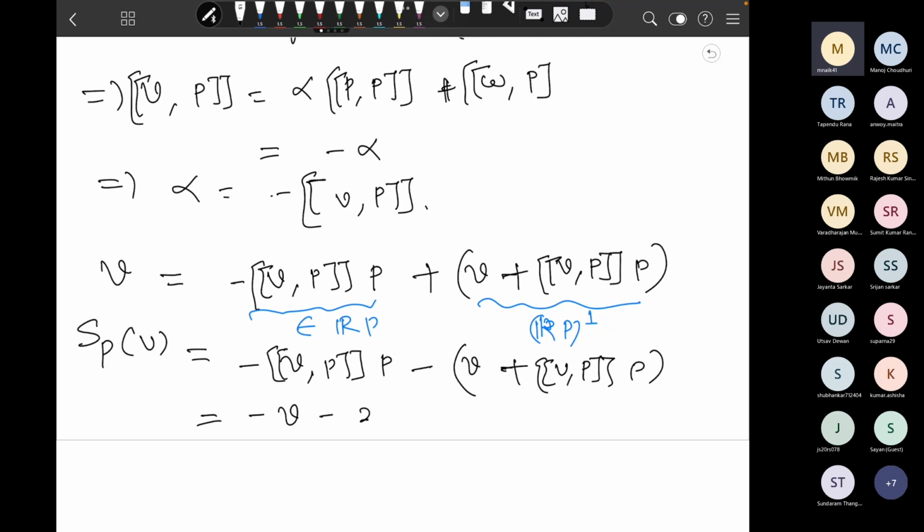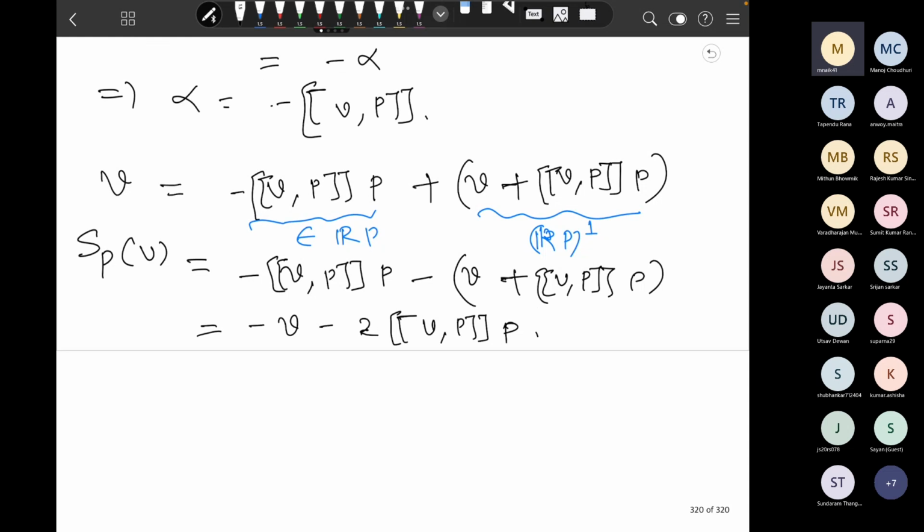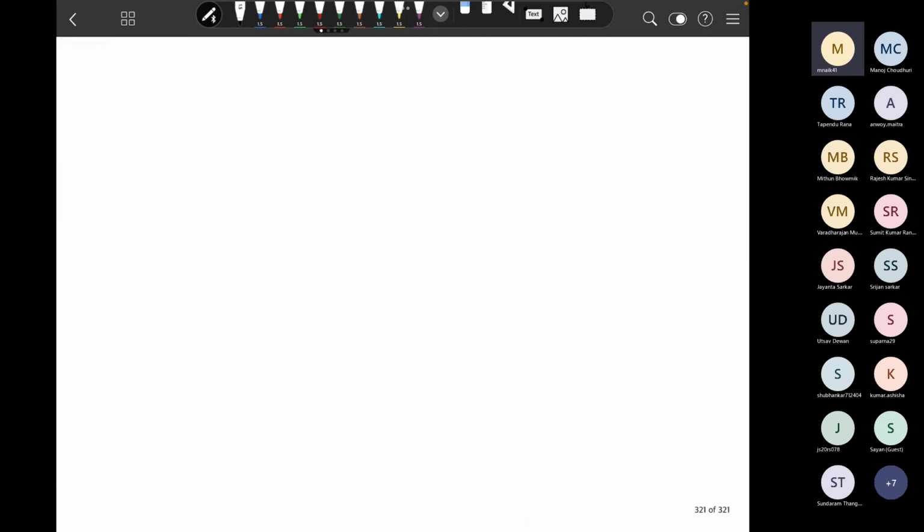In both cases I am getting the same isometry. So now you can conclude that SP belongs to IHN. Hence we get that HN is an RSS.